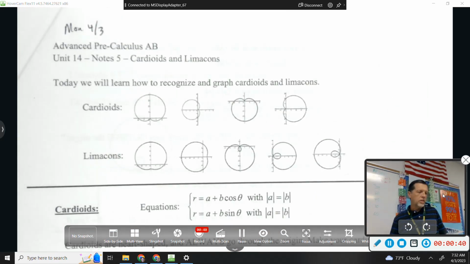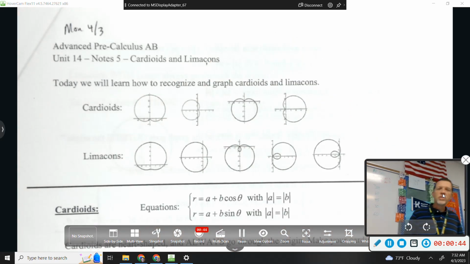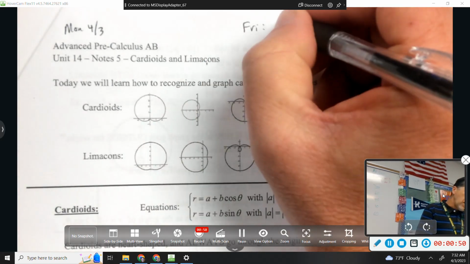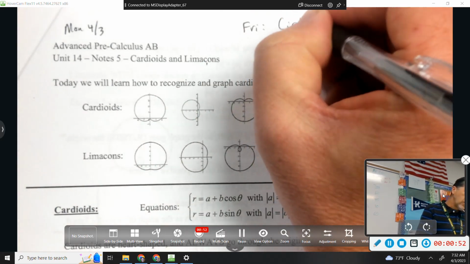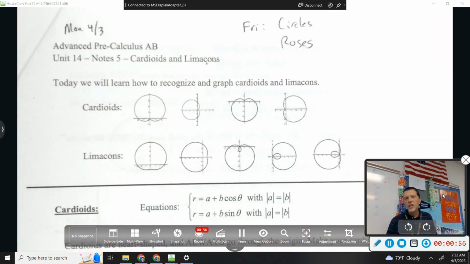So cardioids, and remember that's not Limacons, it's Limacons. You gotta pronounce it all fancy. Limacons. Friday we did circles and roses. These are the 4 parent functions in polar that we'll need to know: circles, roses, cardioids, and limacons.